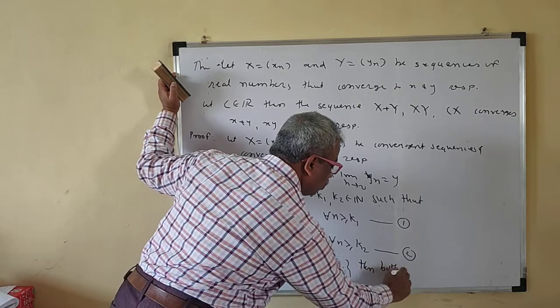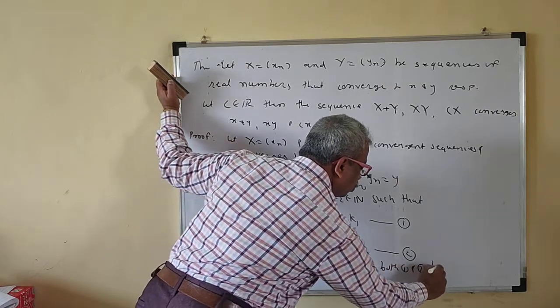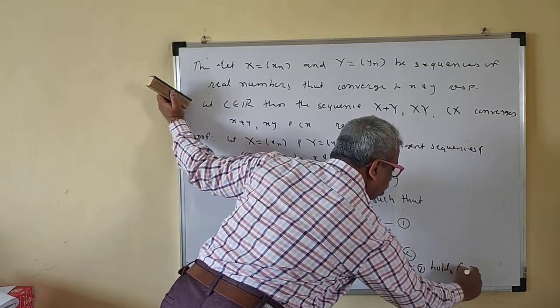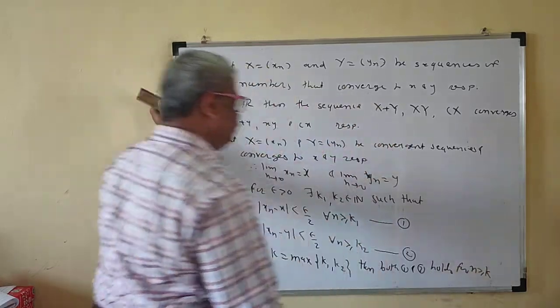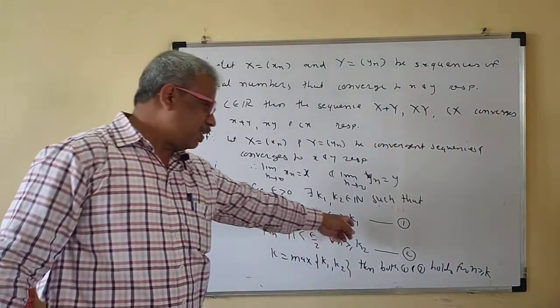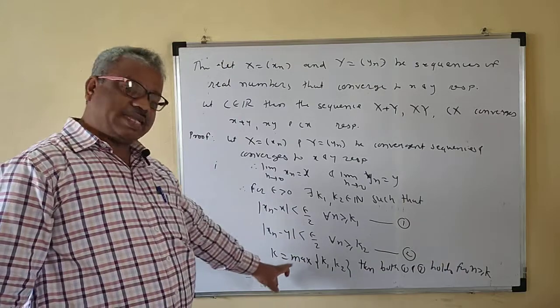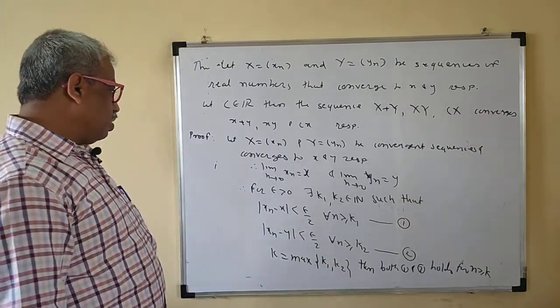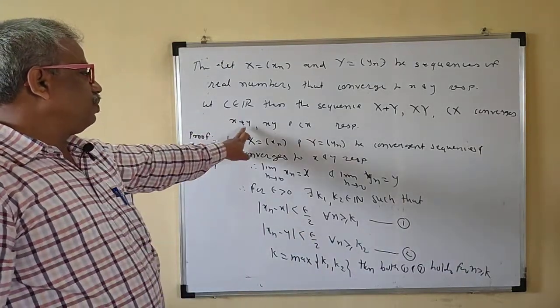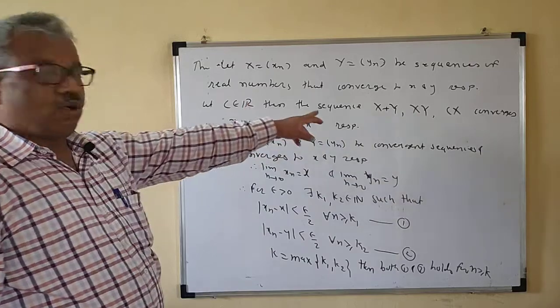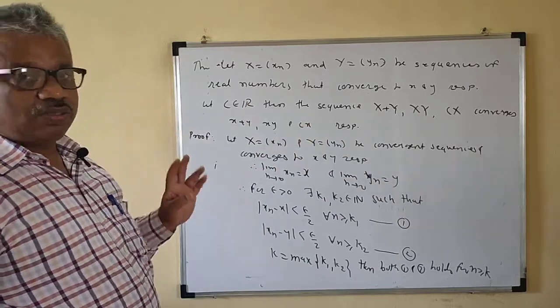Both 1 and 2 hold for n greater than or equal to k. So I can replace k1 and k2 by k, taking k as the maximum of k1 and k2. Now we want to prove that the sequence x plus y converges to this.